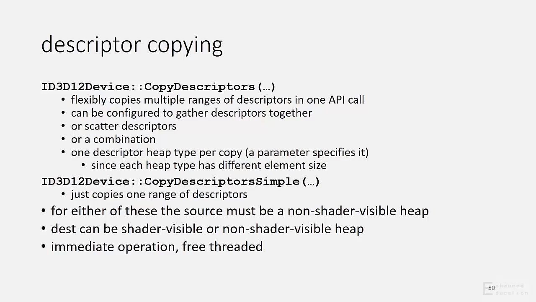But if you want something as a simple alternative, there's CopyDescriptorsSimple, which just copies one range of descriptors from a source to a destination location. In either of these cases, the source for a descriptor copy must always be in a non-shader visible descriptor heap. The destination, though, can be either in a shader visible or non-shader visible descriptor heap.